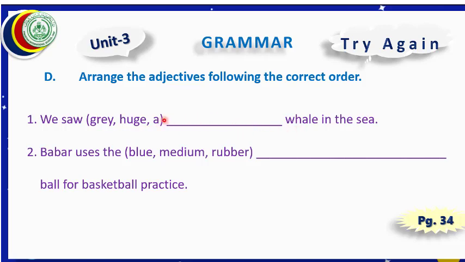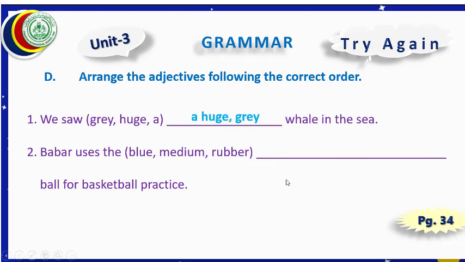Now we should know out of these three which one will become first, which one will become at second place, and which one will become at third place. They will be arranged like this: a, huge, grey, whale. And this is the sequence according to the rule which we studied on previous slide.